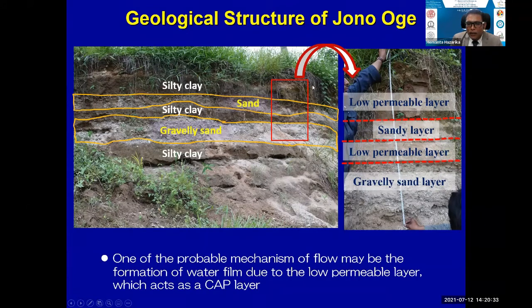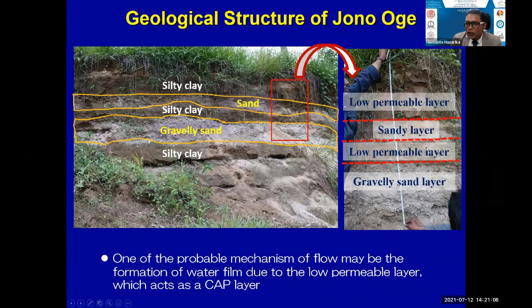If I pick it up, these 4 layers, then I can say that top part is the low permeable layer, then we have a sandy layer, then low permeable layer, and gravelly sand layer. Okay? So one of the probable mechanisms of this kind of flow may be due to the formation of water film. I'll explain what is water film later.